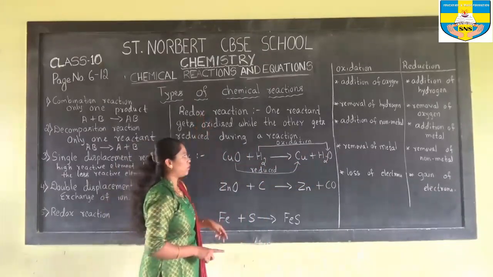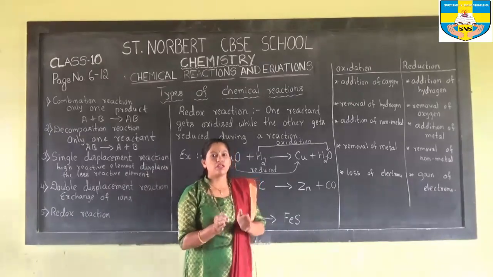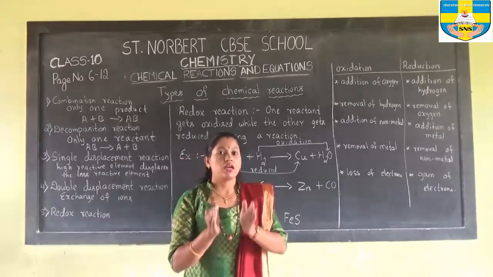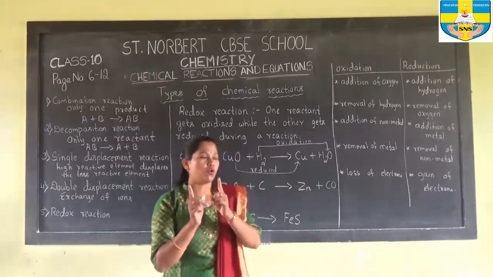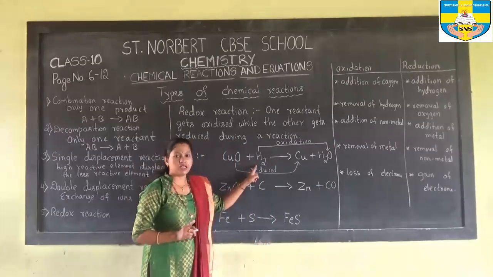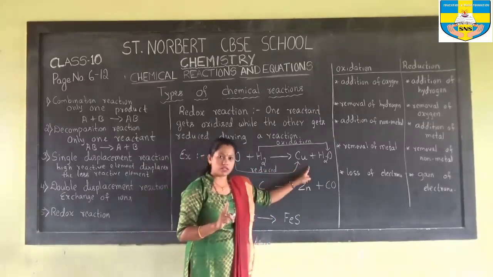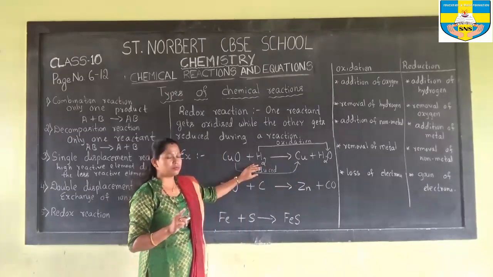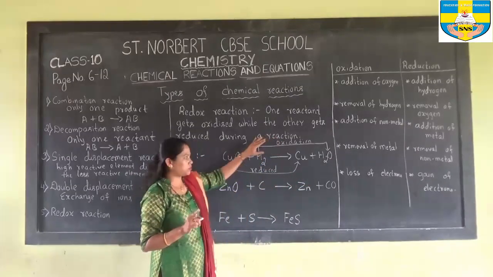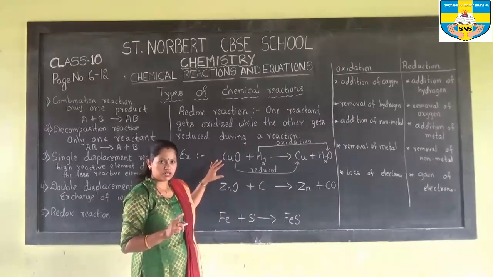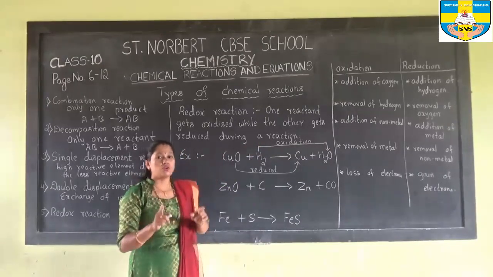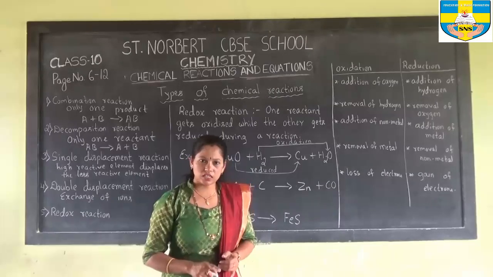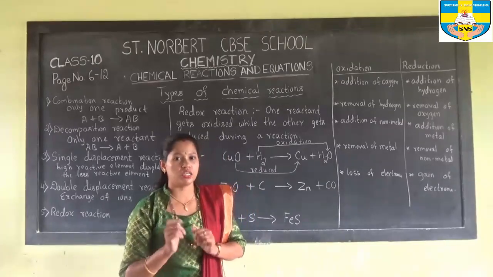In this, one more point: we have to identify the reduced substance and oxidized substance only in the reactant side, not in the product side. With that, we have to identify the oxidizing agent and reducing agent.